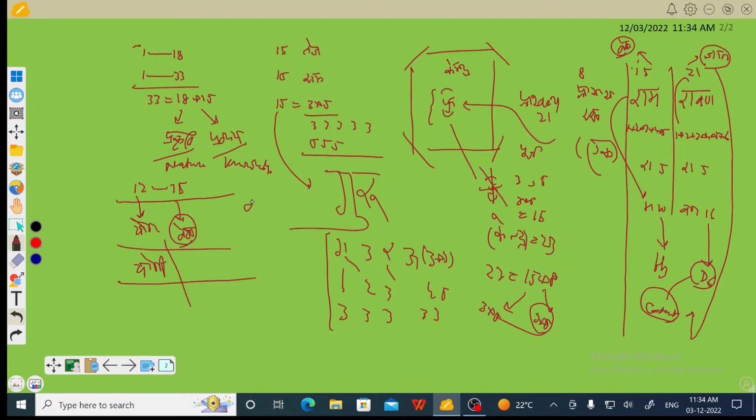So, to have Aushadhi, we have to have this knowledge as well.